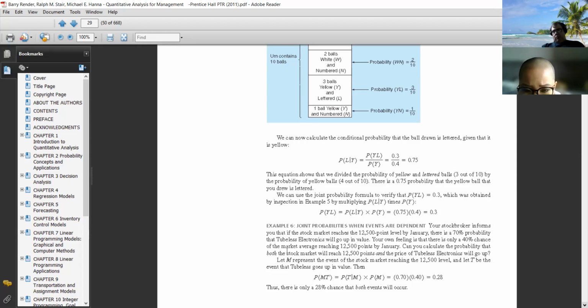So 70% is considered T, and the 40% is M. But I'm still confused about T given M, right? Why are we not really calculating within that equation itself?